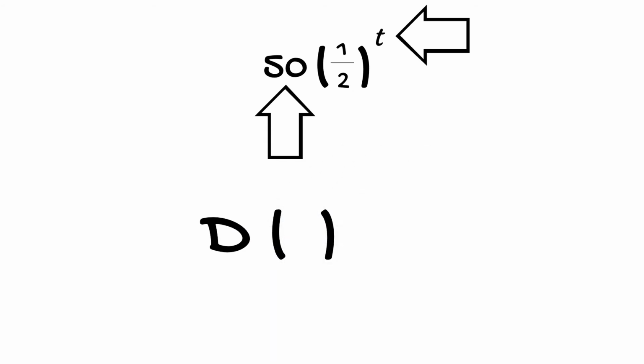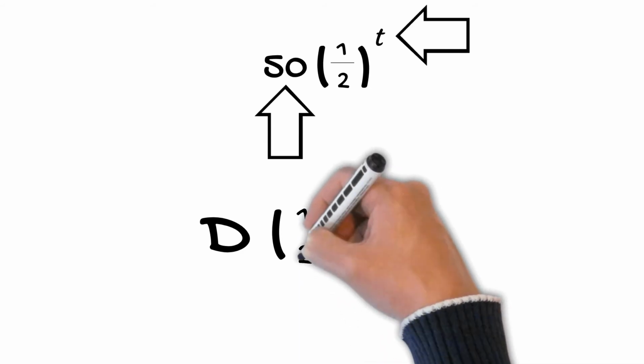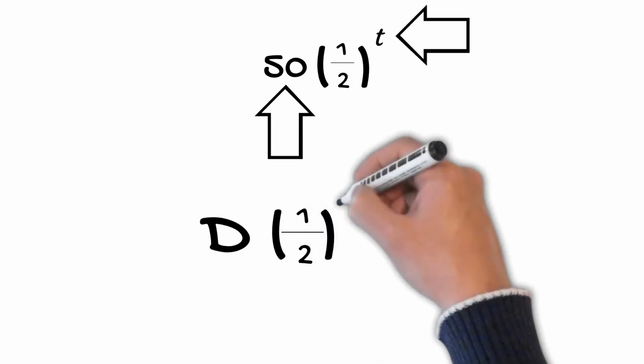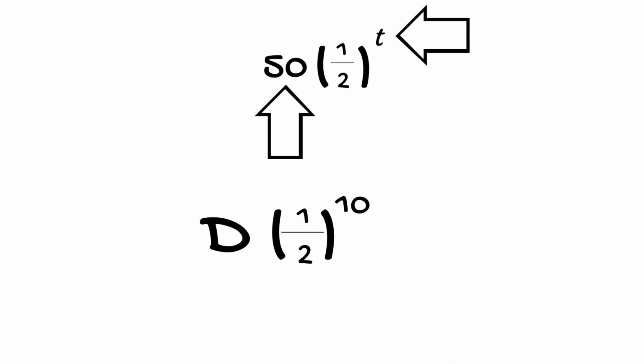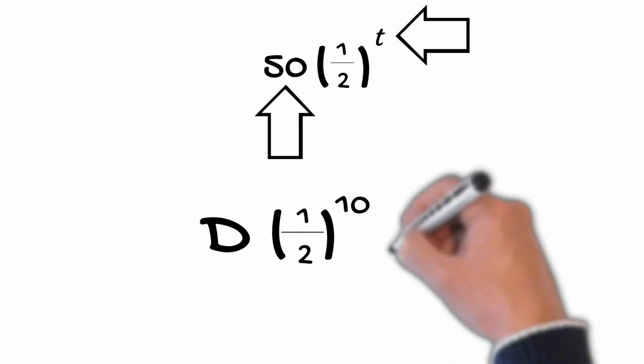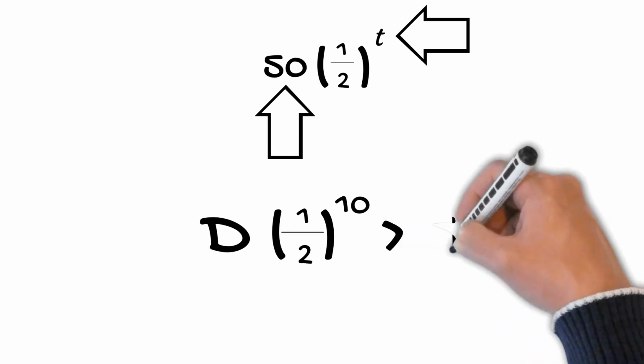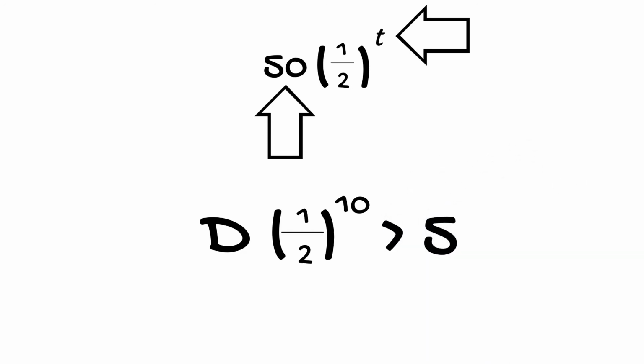So I would want to have some kind of a dose, and I would want this dose times 1/2 to the power of 10 to still be greater than the effective cutoff. And remember, our effective cutoff is 5. So that might be one possibility. In other words, I would want to solve that equation: the dose times 1/2 to the power of 10 still greater than 5.